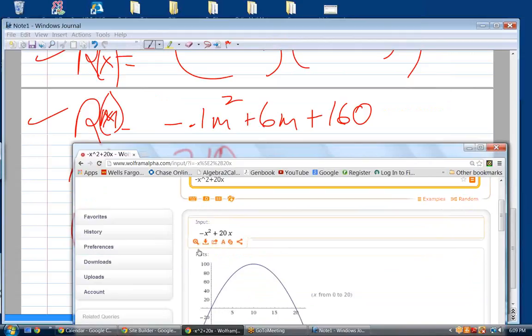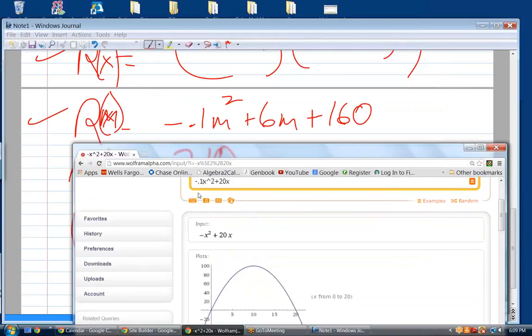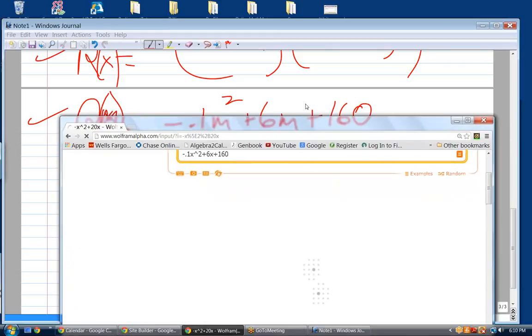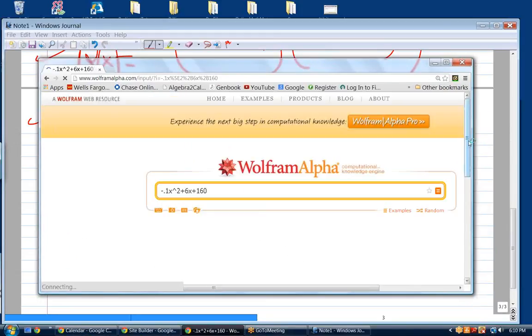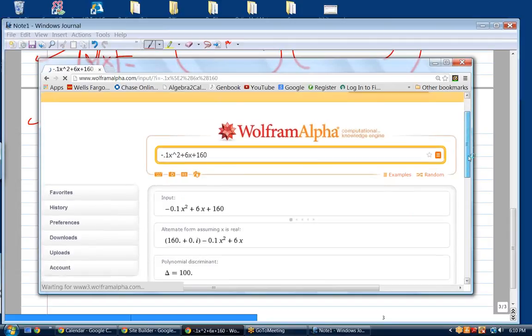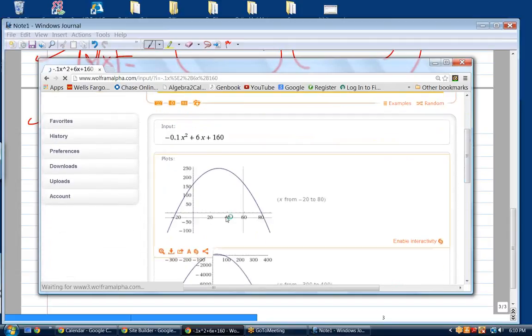Let's see, that is minus 0.1 m squared plus 6m plus 160. Okay, 30 looks right, and 250 looks right.